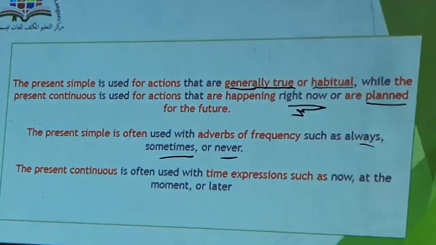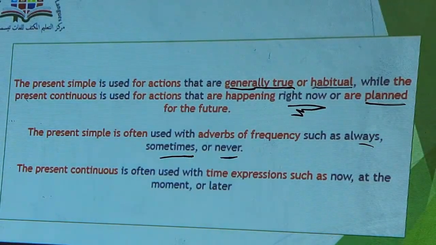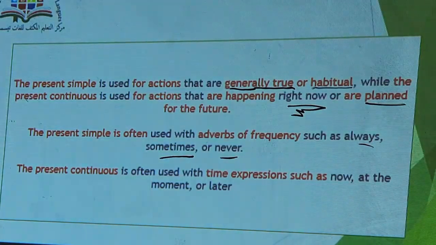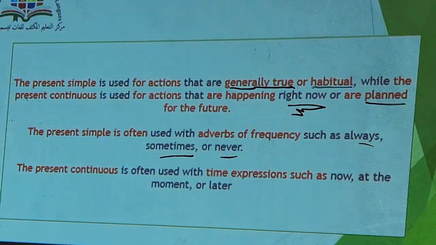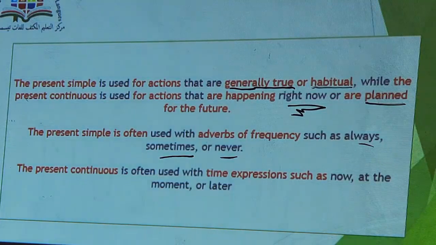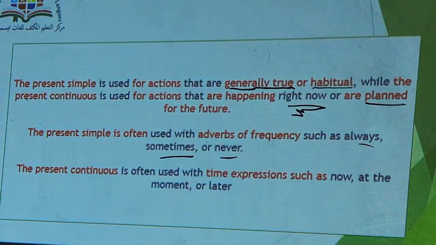However, the present continuous is often used with time expressions such as now, at the moment, or later. You also find this morning, tonight. These are markers that indicate the present continuous.